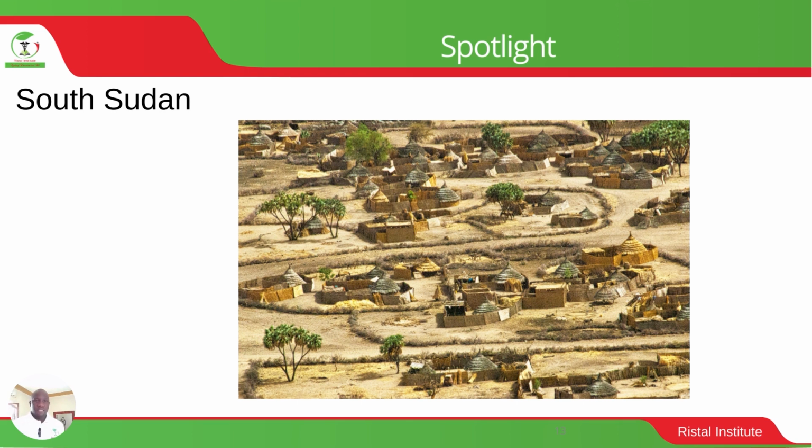Spotlight. Spotlight is a fallacy when someone says that, you see, South Sudan is a very, very dangerous place to live in. And they're making that argument because of what they see in the media, on TV, in newspapers, on social media. Yet when they come to South Sudan, they will be surprised.